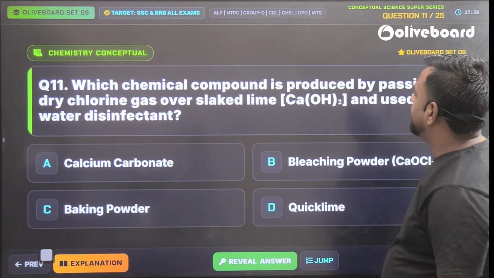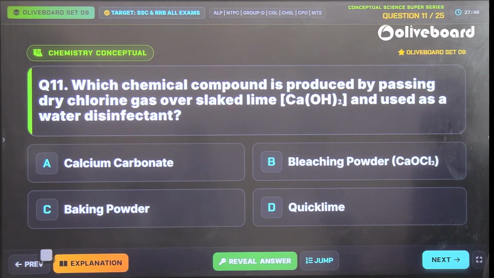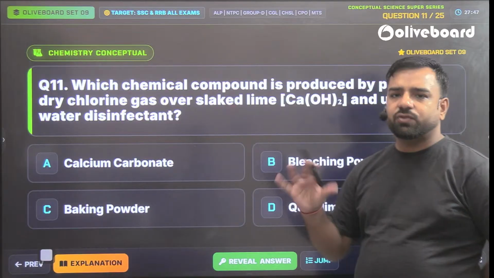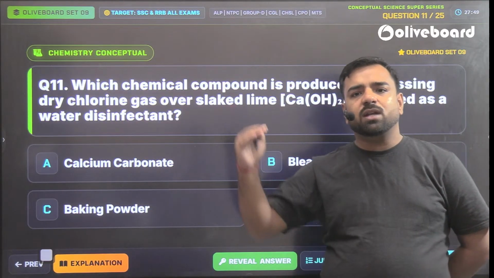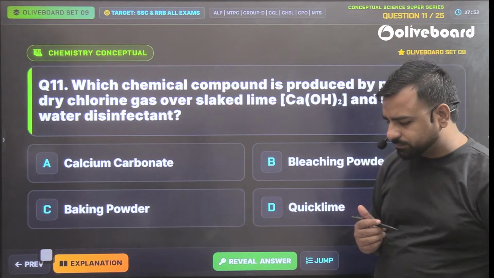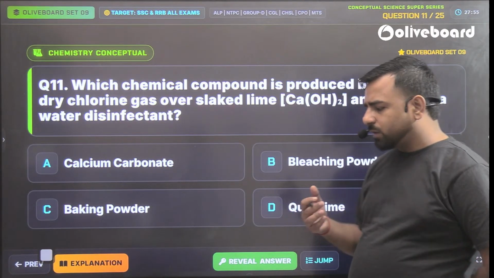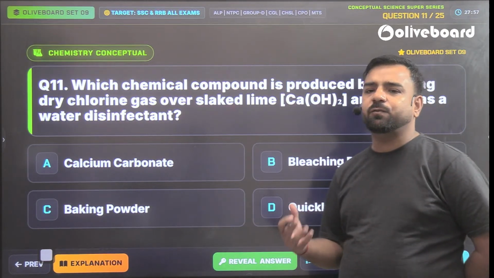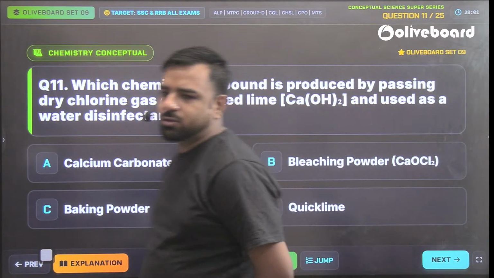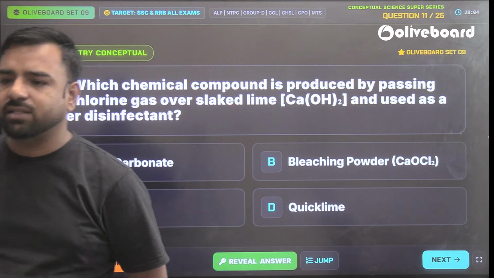Which chemical compound is produced by passing dry chlorine gas over slaked lime and is used as water disinfectant? Guys, this question is twisted, but last year in RRB JE CBT1, the question was asked, which of the following reactions is linked with the formation of bleaching powder? So I guess now you can give this answer.